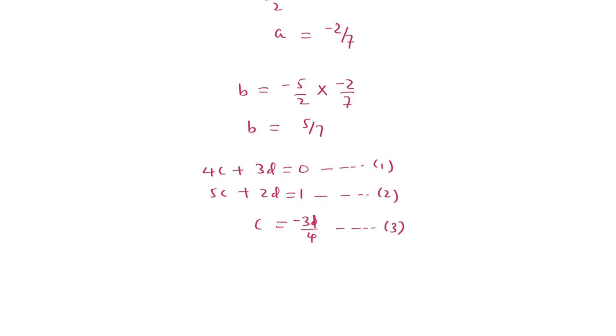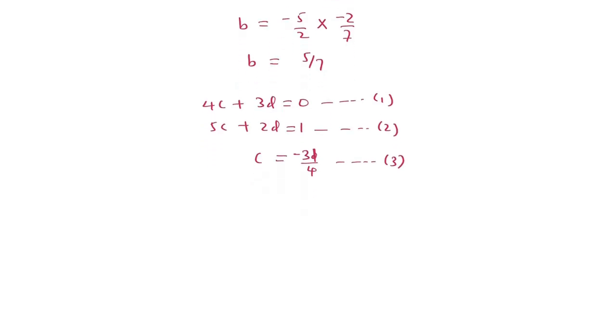Okay, so now let us substitute C in equation number 2. Then our equation is going to be 5 times in brackets negative 3D over 4 plus 2D equals 1. Solving this, we are going to have negative 15D over 4 plus 2D equals 1.